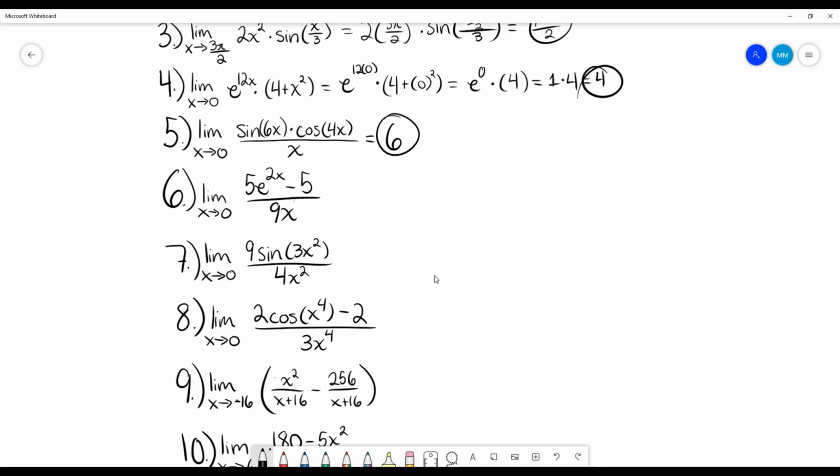And so the first thing that I'm going to do is I'm going to go ahead and factor out those 5s that I see there. So I'm going to do the limit as x approaches 0 of 5 times e to the 2x minus 1 over 9x.